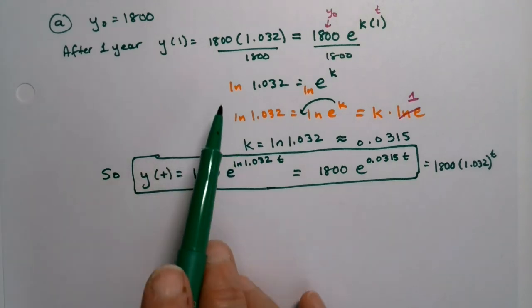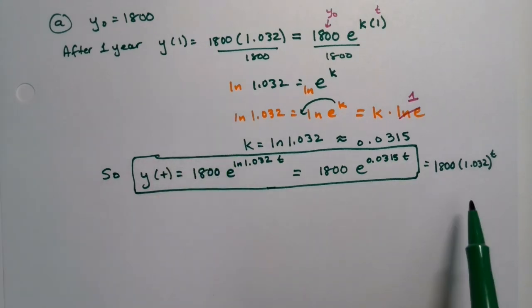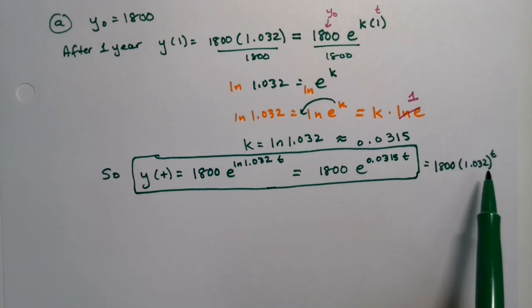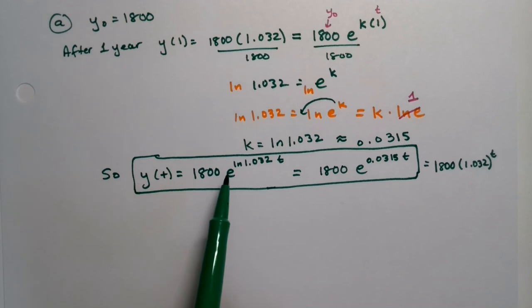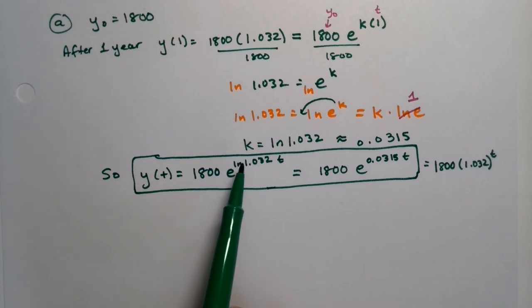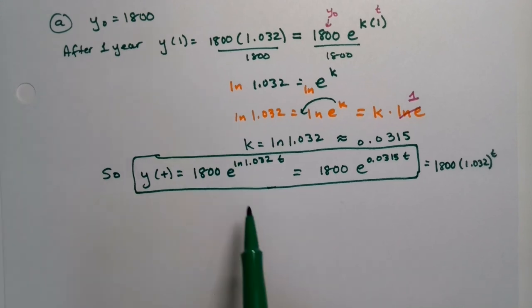You don't actually have to go to all this rigmarole to do this because you can see how this is always going to work. It's always going to be 1 plus whatever your growth rate was, so in this case 3.2%, so 1.032, and then to put it in exponentials, you just make e to the natural log, exponential of the logarithm, right, to the logarithm of that number. That will always be what k is.